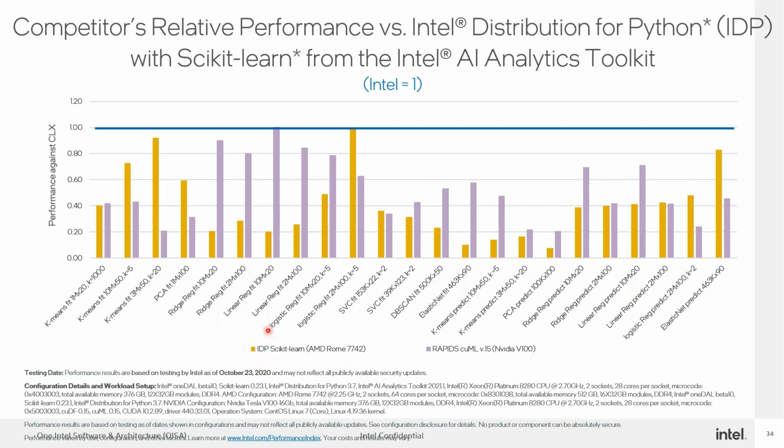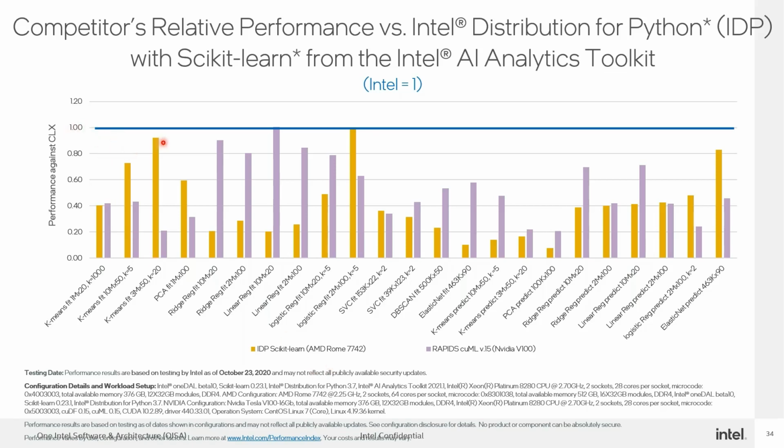So the yellow bar shows the performance comparison for the IDP, Intel Distribution for Python, which is compared with AMD Rome.